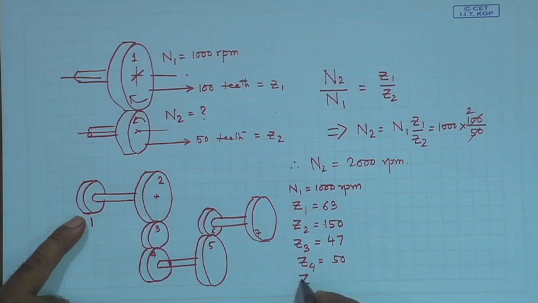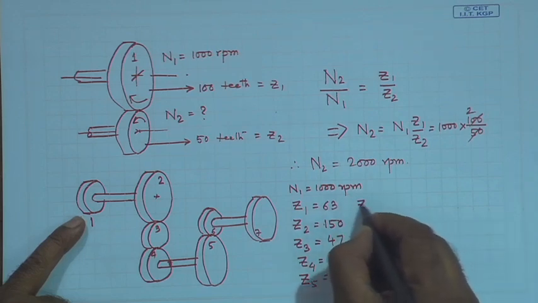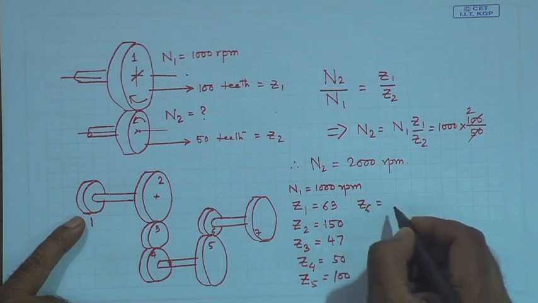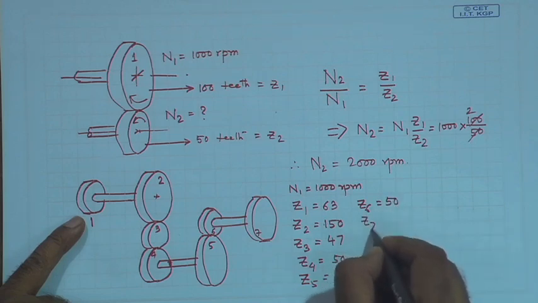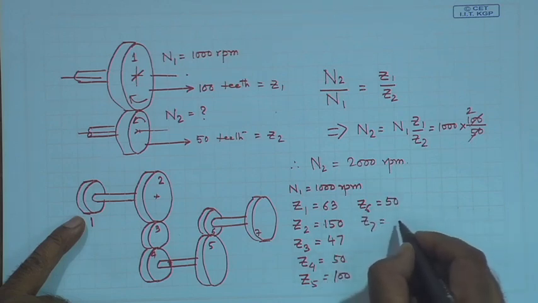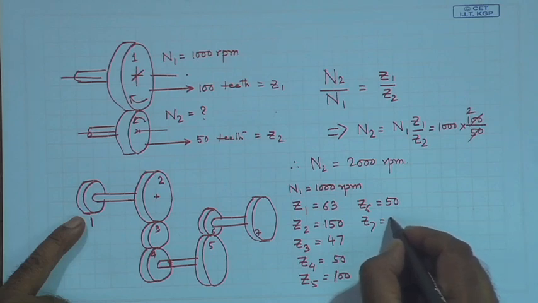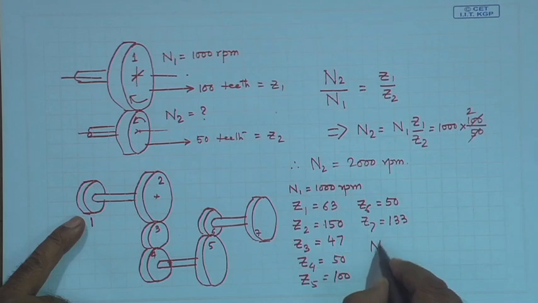Z5 equal to 100, Z6 equal to 50, and Z7 equal to 133. Find out N7.